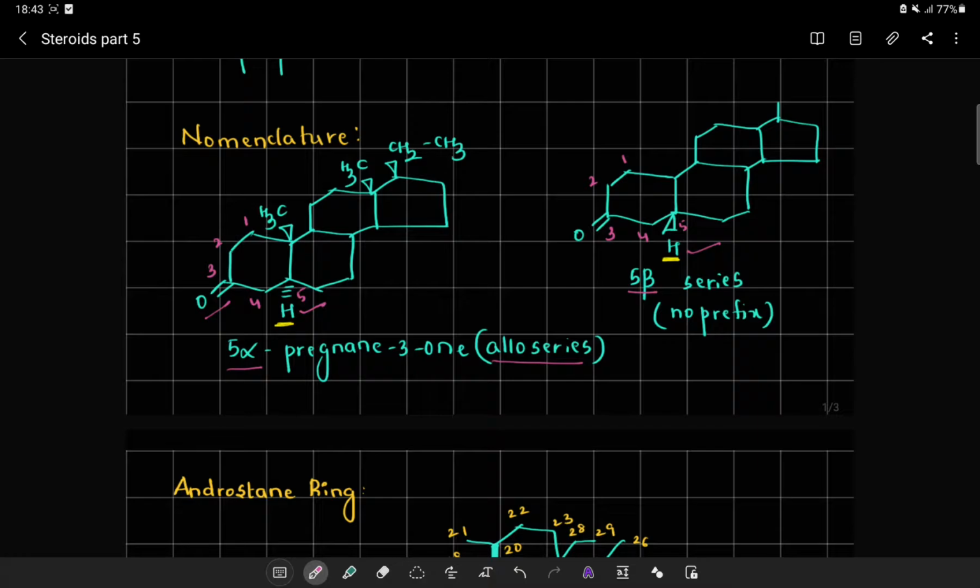If I write these structures like CH3, CH3 and here CH2, CH3, what we change is, instead of writing a 5-alpha system, I have to write it as 5-beta pregnane 3-one without any prefix. For the previous system, I have to call this allopregnane 3-one or 5-alpha pregnane 3-one. The second compound is simply 5-beta pregnane 3-one because it is a normal series.